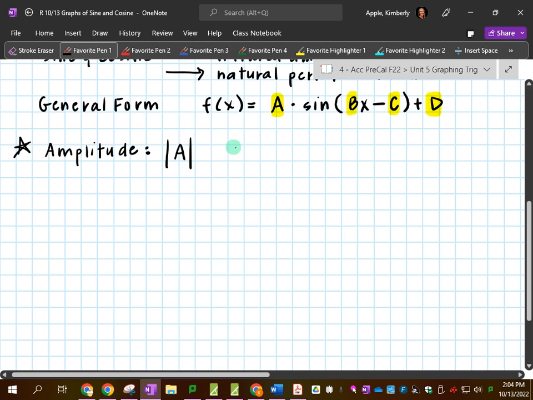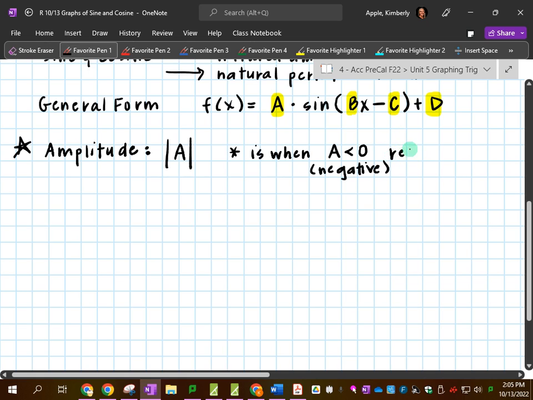Very good. Another important fact is when a is less than 0, what does that tell me about a? If it's less than 0, it's negative. When a is less than 0, aka a negative number, based on what you saw before when we were transforming functions, what do you think it does to the graph? Flips it.